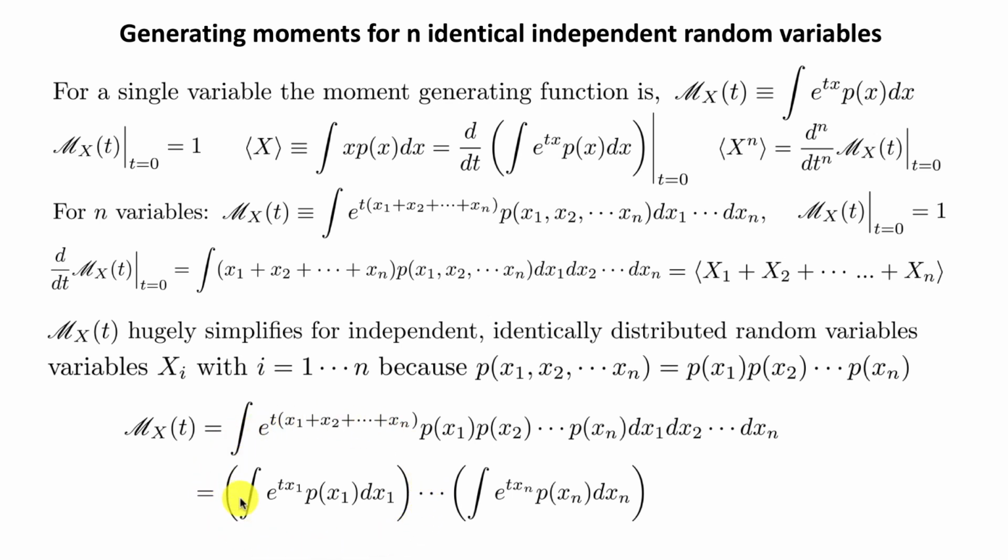So this is a one-dimensional integral, and so are all the other ones, including this one over here. Since all of these integrals are exactly the same, remember that this x1 here is just a dummy variable, and so what we have is simply one integral raised to the nth power. And that comes about because the joint probability distribution is a product of n distributions which are identical.